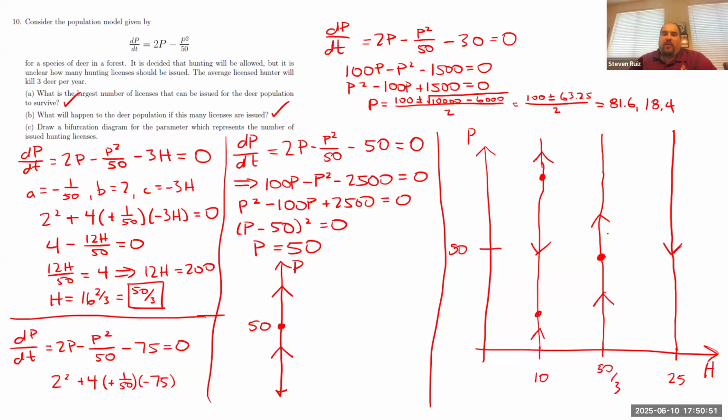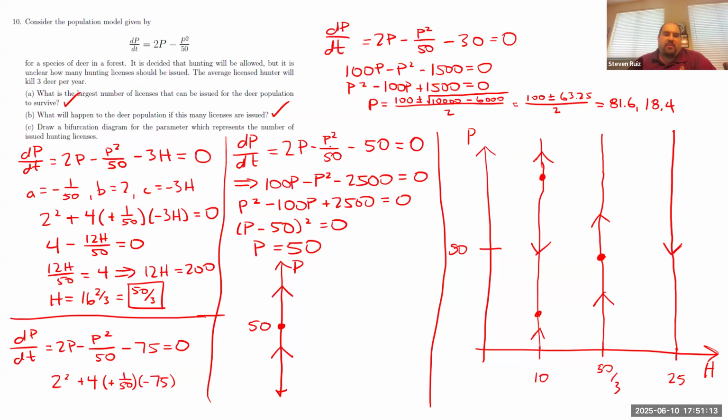So one thing I want to make sure of, I want to go back to my equilibrium condition. So we said that H was 50 over 3. That was our equilibrium condition, which when we do that, we get 50 for our constant term here.